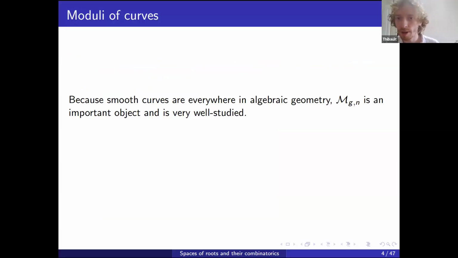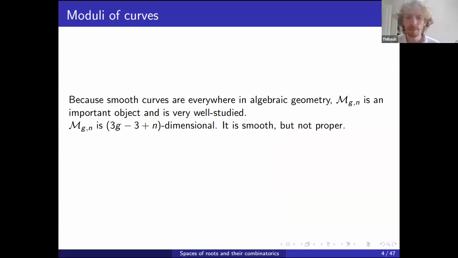Curves are everywhere and important, and this means that M_{g,n} is also everywhere and important. So there's a big field of research which is dedicated to trying to understand things about it: what it looks like, computing geometric invariants. The first few things we can say that are not too hard is that its dimension is 3g minus 3 plus n.